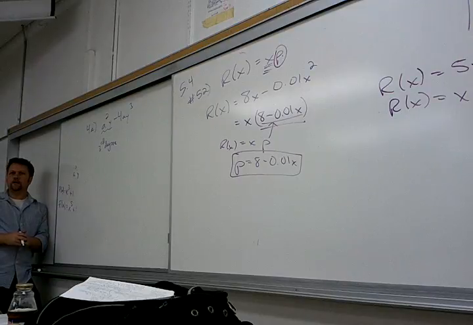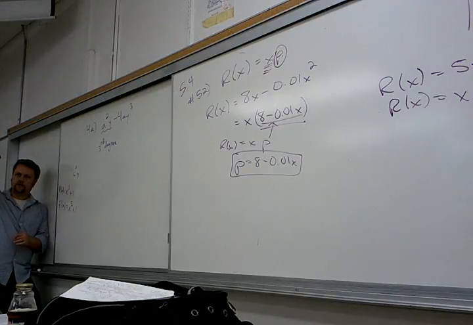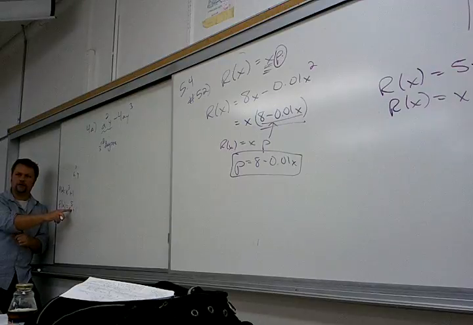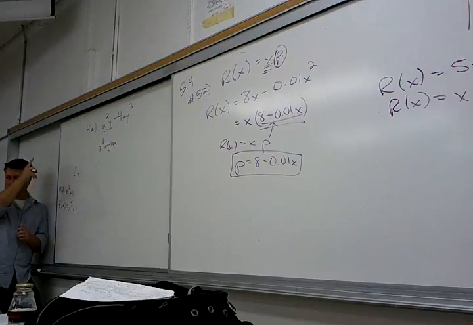X to the 5th, yeah. So I can just tell a colleague, I got a 5th degree, and that gives them an idea of how quickly it grows. Versus a 3rd degree thing, this is not going to grow as quickly, is it? Because 2 cubed is 8, but 2 to the 5th is 32. So the next one would be your 4th degree.